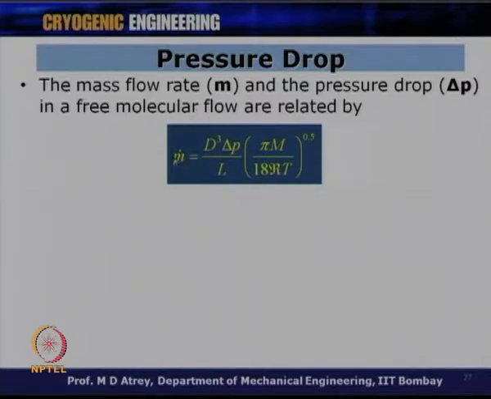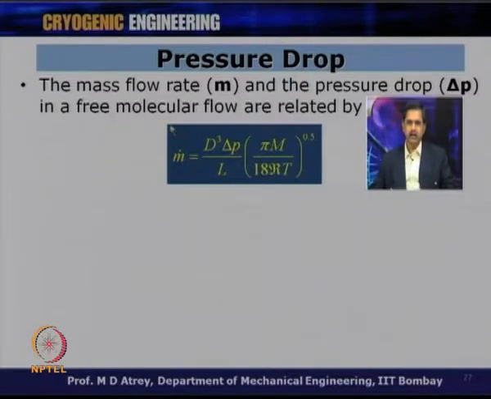If you recollect, in the continuum region it was dependent directly on d to the power 4. In slip flow it was a complex relationship, while here in the molecular region m dot is directly dependent on the power 3 of the diameter, d cube basically.